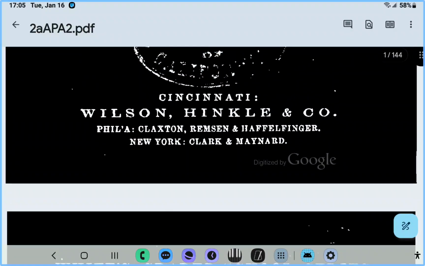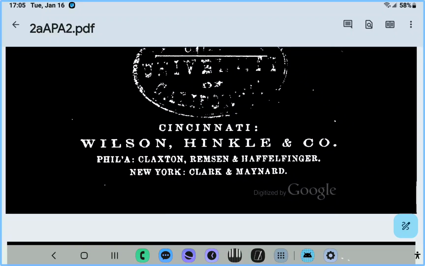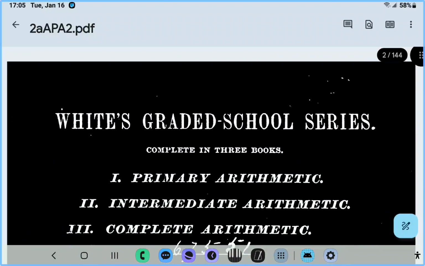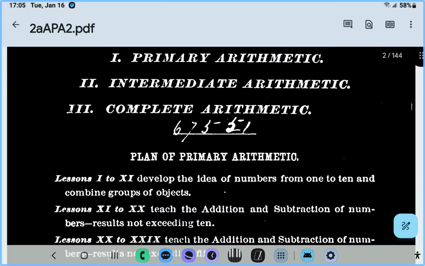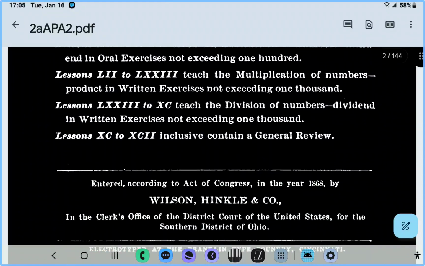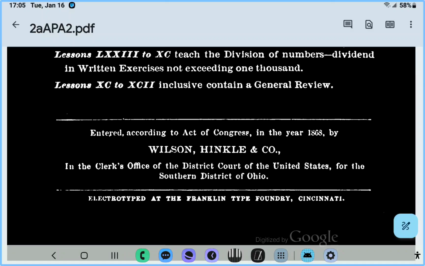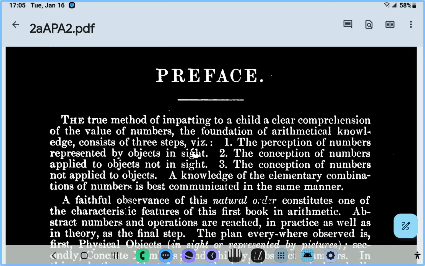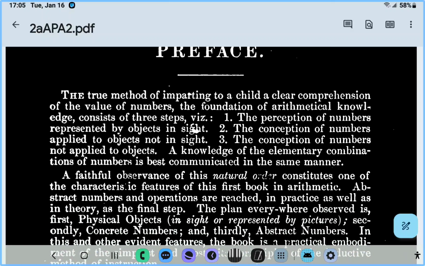When was this book written? Can't find the year on here. Oh well. These are the contents, it looks like. 1868. That's when this book was copyrighted. Okay, on to the preface.